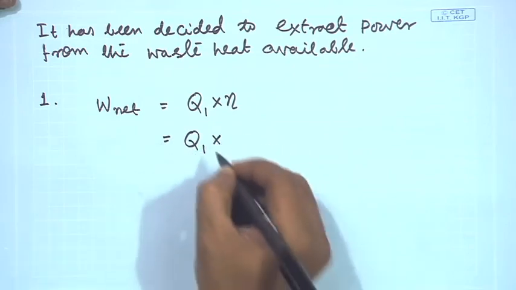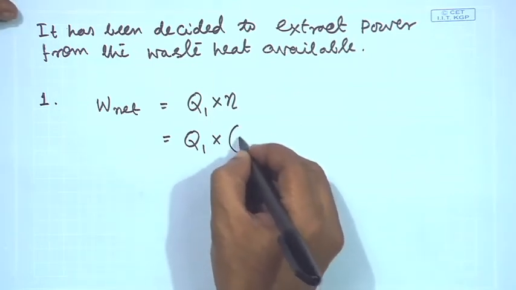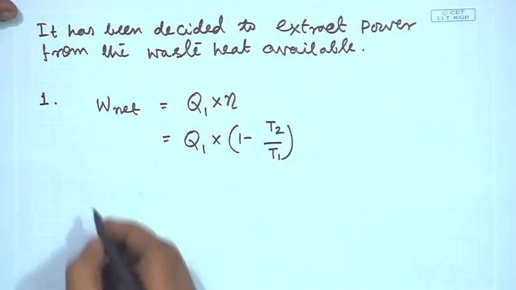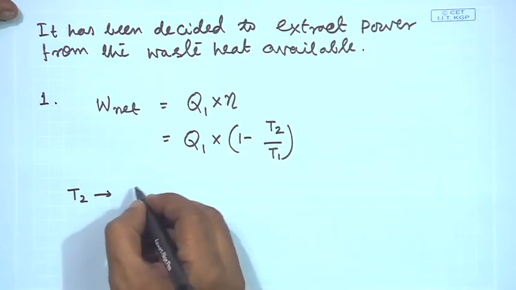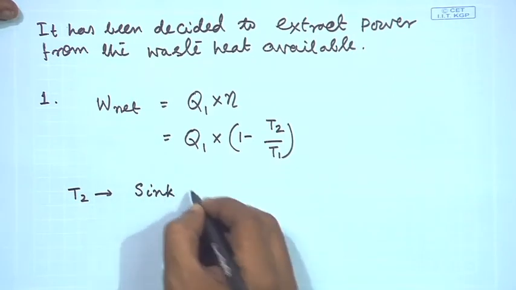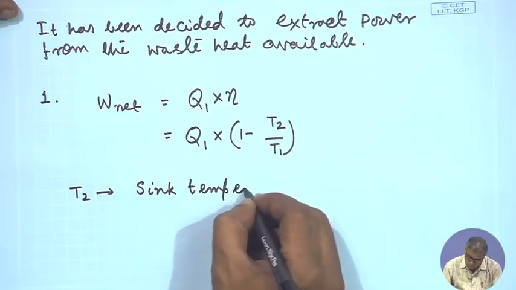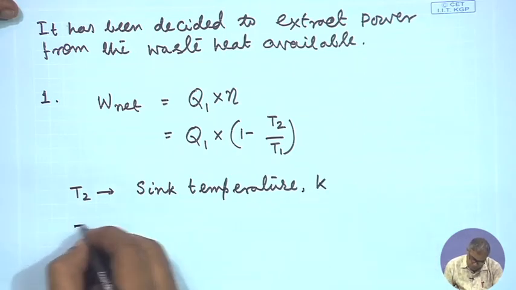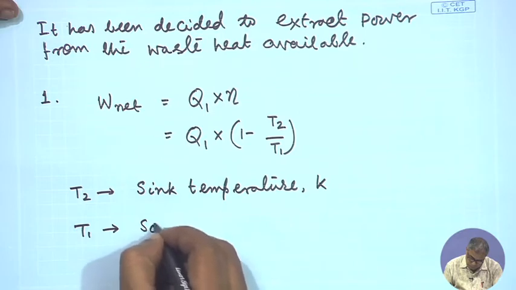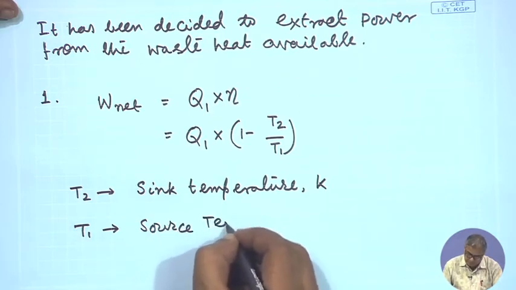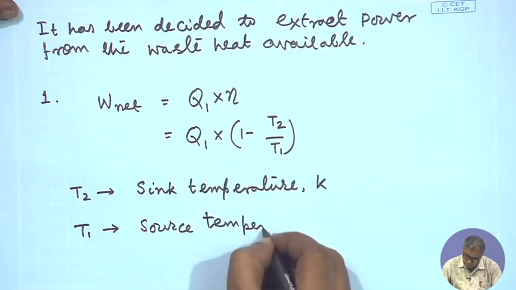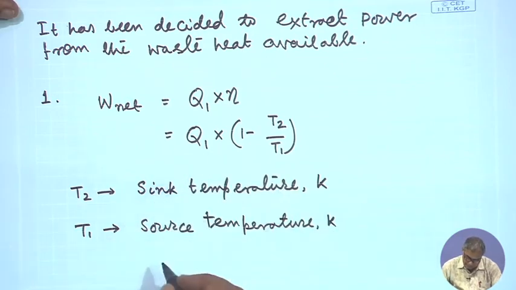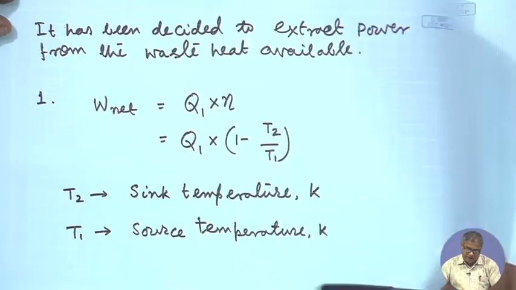The efficiency is 1 minus T2 by T1, where T2 is the sink temperature in Kelvin, T1 is the source temperature in Kelvin, and Q1 is the thermal energy available.